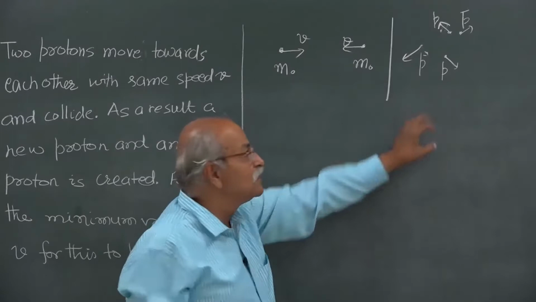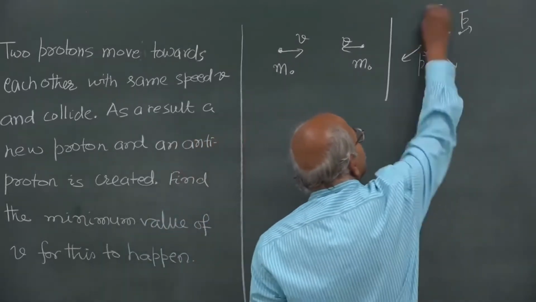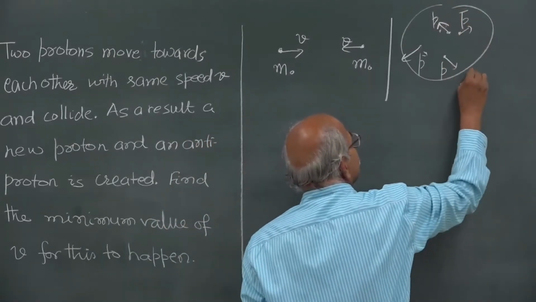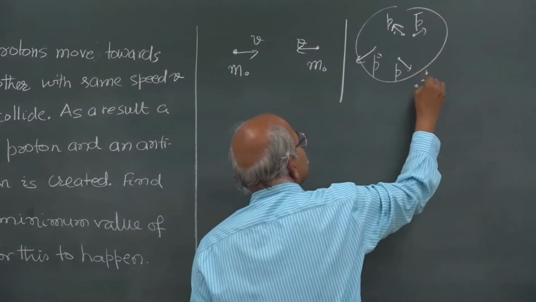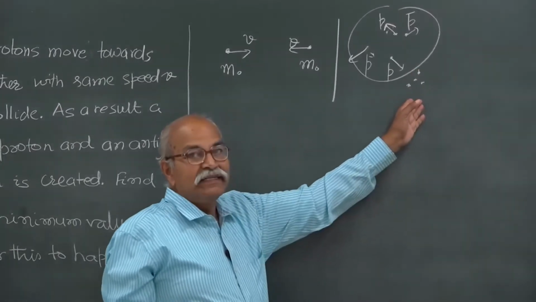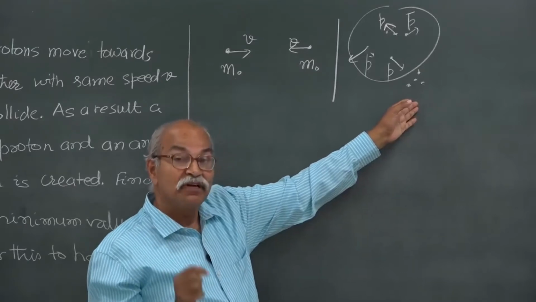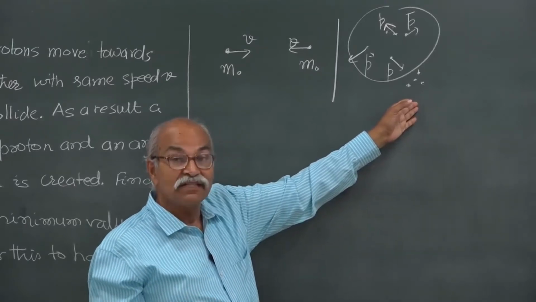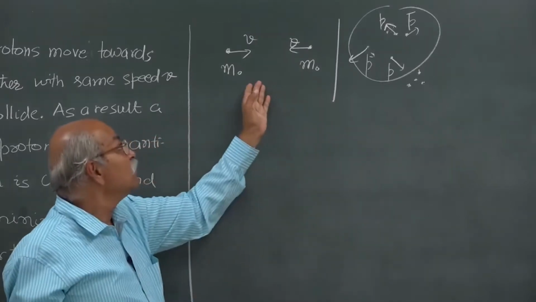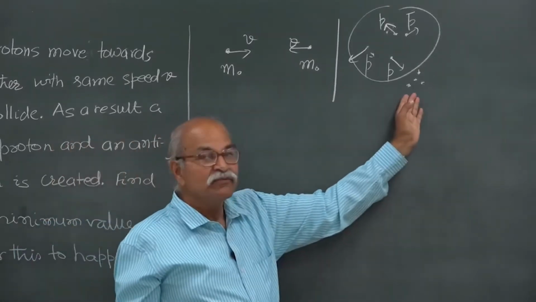All 4 particles at rest. So, this configuration is just P, P, P and P bar all at rest. This is possible because it follows the principle of linear momentum conservation. The linear momentum is 0, here also linear momentum is 0.